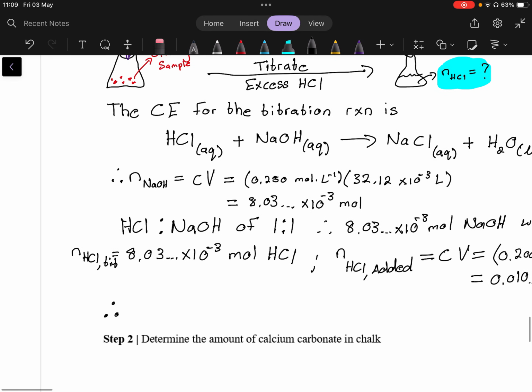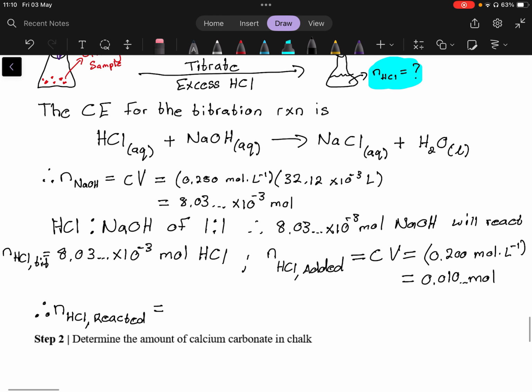In other words, the number of mole of HCl reacted initially, or reacted with the calcium carbonate, however you want to call it, is going to be equal to this total 0.01 minus the 8.03 times 10 to the negative 3, should then give you a value of 1.97 times 10 to the power minus 3 mole.